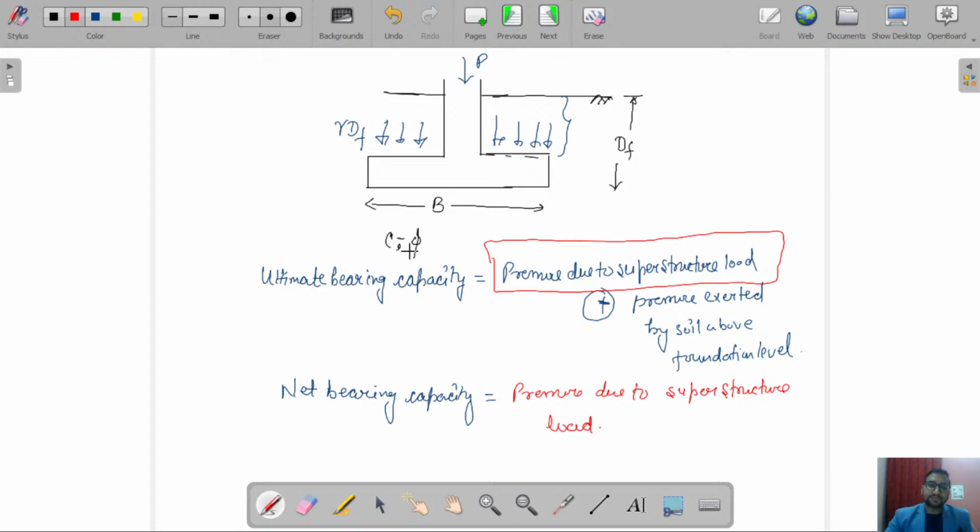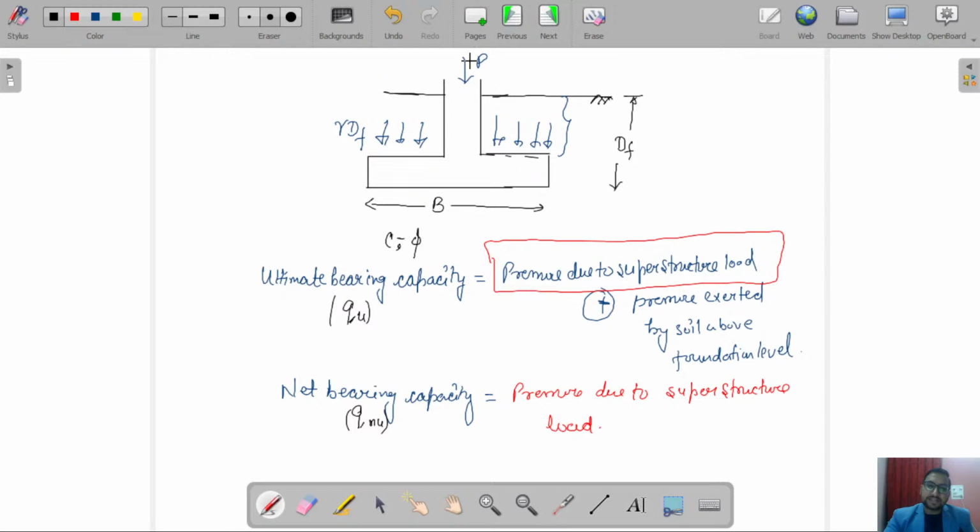Now ultimate bearing capacity we represent by qu, and net bearing capacity we represent by qnu.